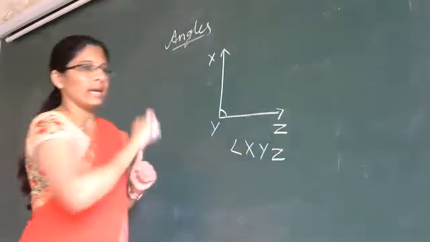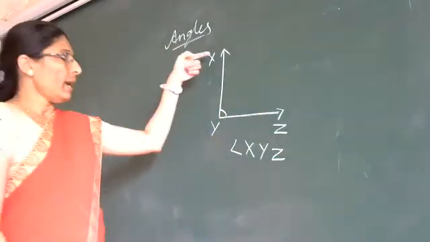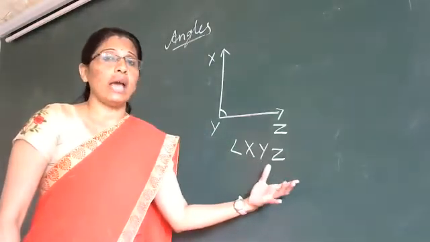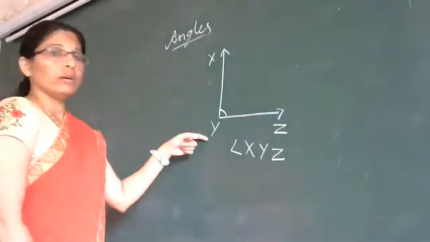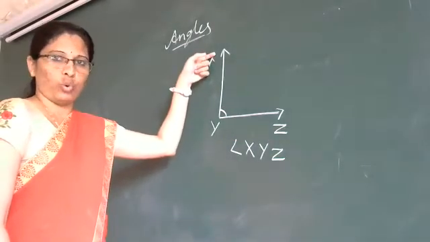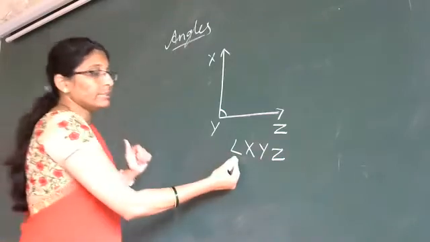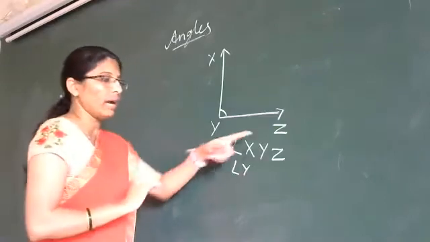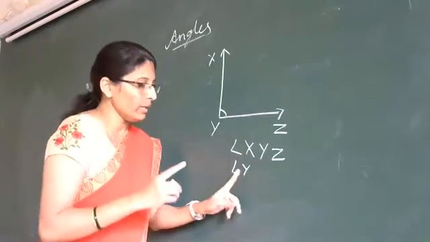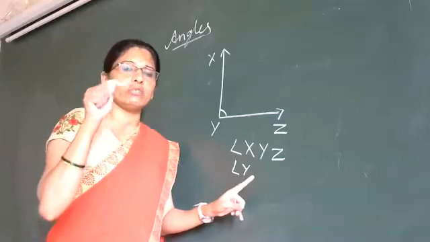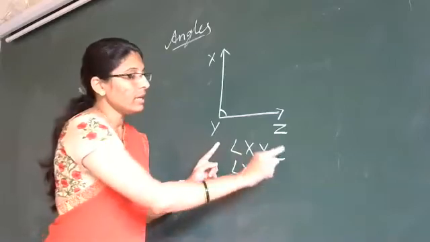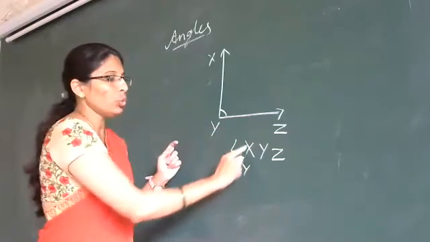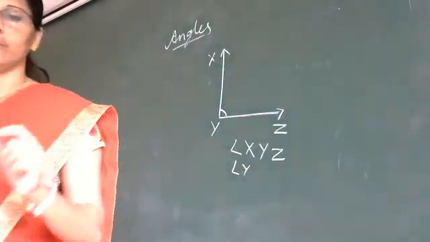X, Y, Z. Or you can say angle ZYX also. Otherwise, with this symbol you can write only the vertex also, angle Y. You can write this in two ways. One is only the vertex, we can write. Otherwise, we can write with rays, with the arms also. So these are the two ways to write an angle.